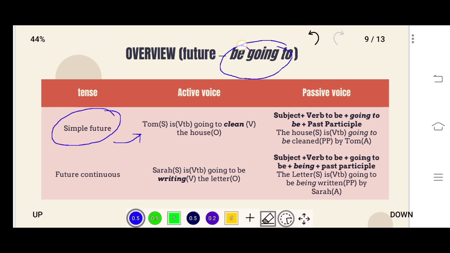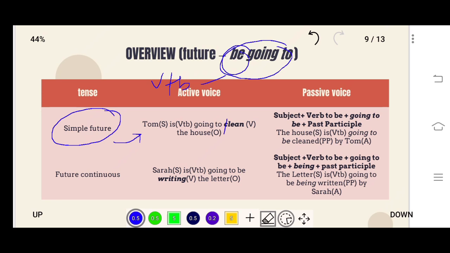So this be is actually the verb to be, so it will change. For many people, it is are. So basically we look at whether it is singular or plural. Tom is singular, so we use is, going to clean the house.